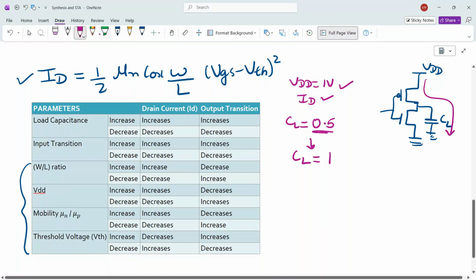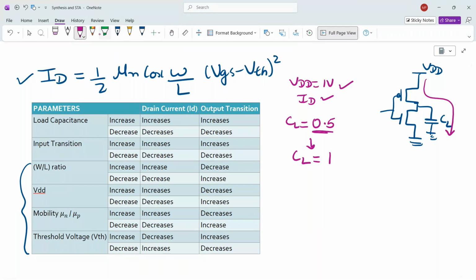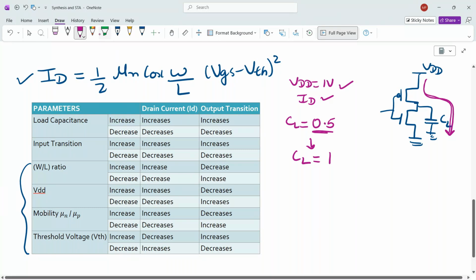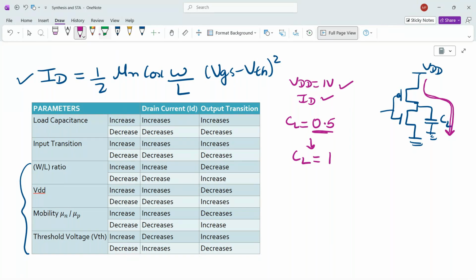What will happen? ID is the same, so ID will require more time to charge this load capacitance CL. So if the load at the output is increasing, ID will take more time to charge it, and your transition will increase.